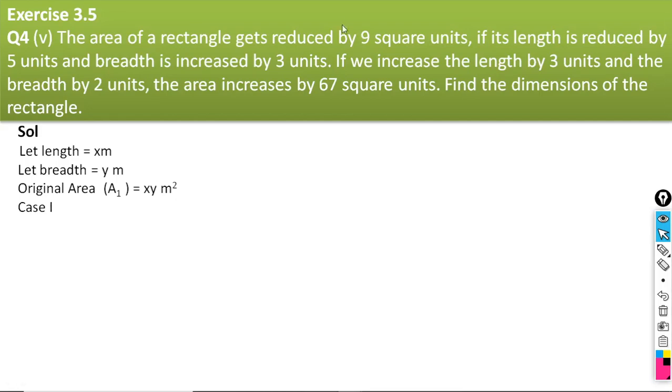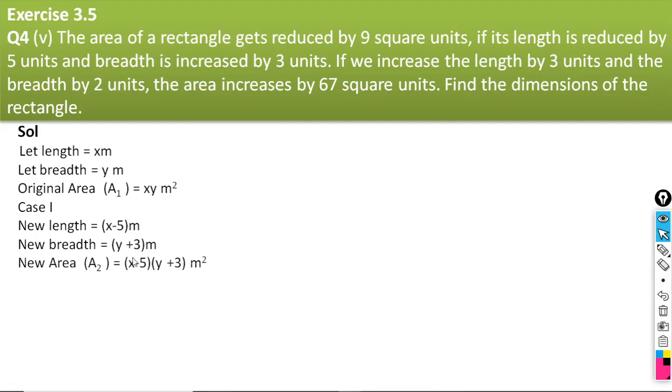In the first case, the length is reduced by 5 unit, so the new length will be x minus 5 and the breadth is y plus 3, because the breadth is increased by 3 unit. Now we find the new area, which is a2, (x minus 5) into (y plus 3). According to the question, the area of the rectangle gets reduced by 9.